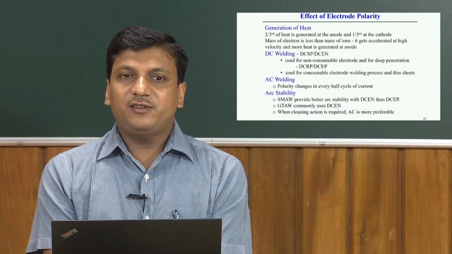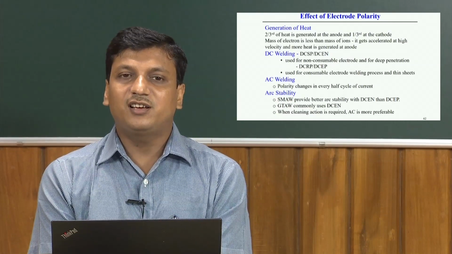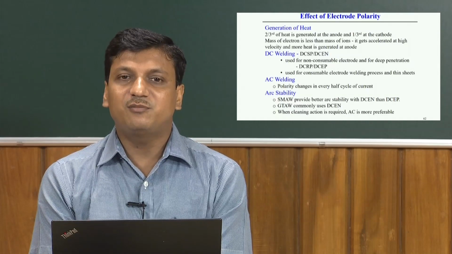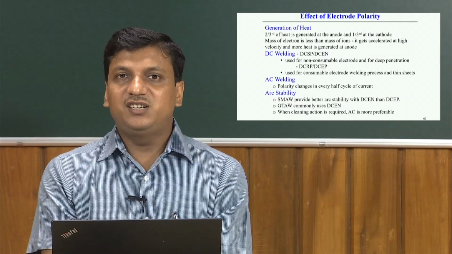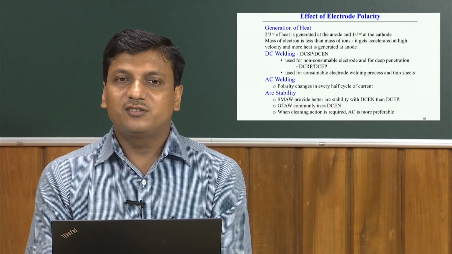But regarding arc stability, shielded metal arc welding actually provides better arc stability with DC-EN than with DC-EP polarity.